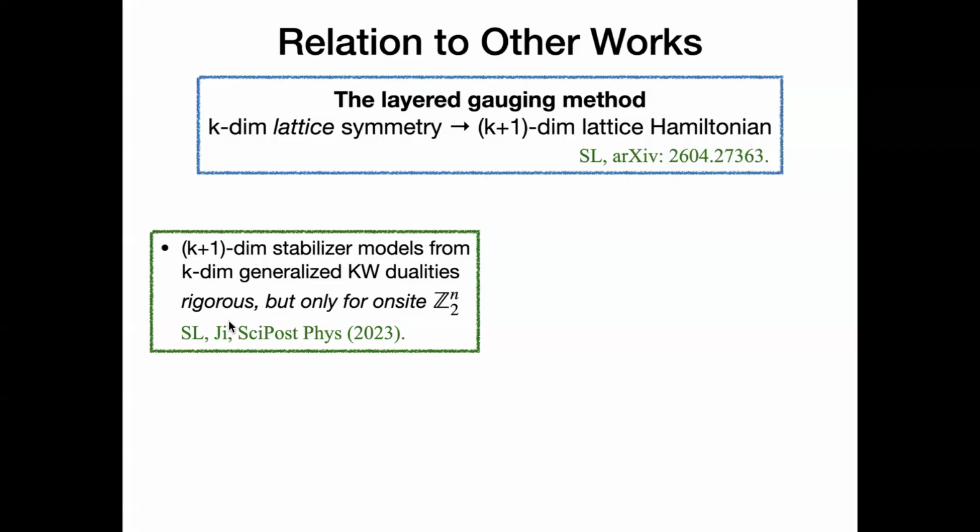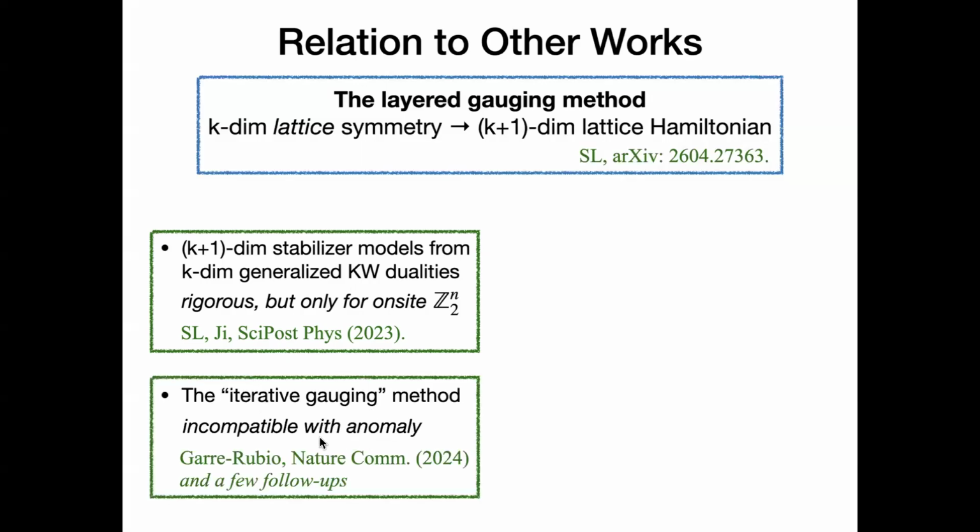It's more rigorous than the paper that I'm talking about today. But because we want mathematical rigor, we only consider on-site Z2 symmetry to some power. Although the symmetry can be higher-form symmetry or subsystem symmetry, they are all on-site Z2 symmetries.